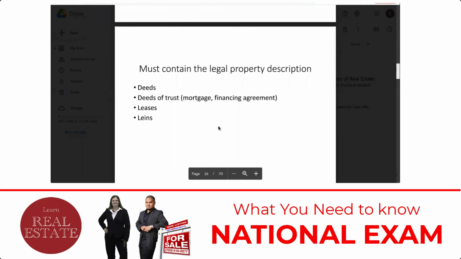Now, if I need to borrow money to buy that property, I want to put my own lien on it, but I don't want to take over the seller's lien. Okay? You want your property to have no liens on it when you purchase it. So the deed of trust is sitting at the courthouse, and once it gets paid, it gets removed.